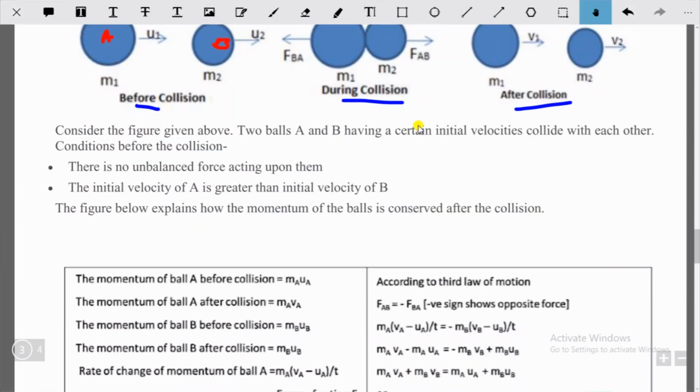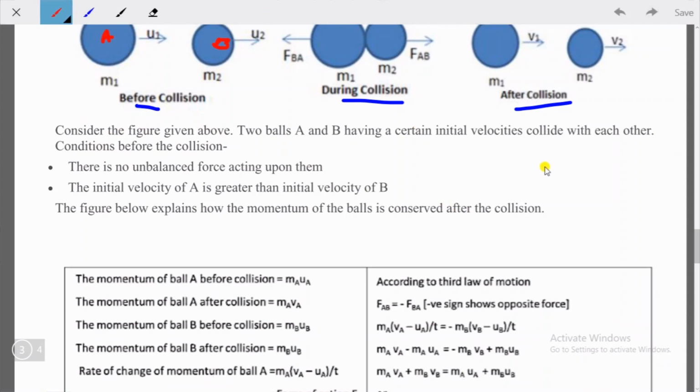So students, we know about momentum. We denote momentum with P, and momentum is the product of mass and velocity. Consider the momentum of ball A before collision. The mass of ball A is M1, and for ball B the mass will be M2.